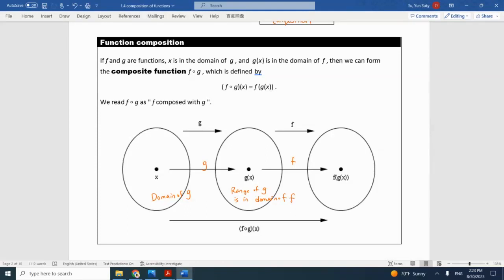Remember, domain is the input X, range is the output Y.